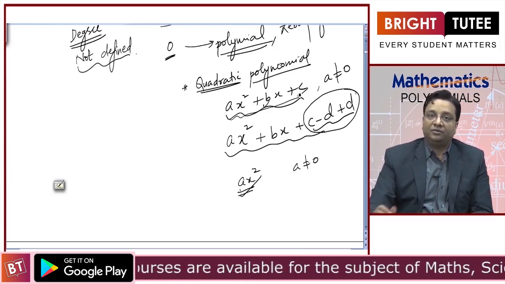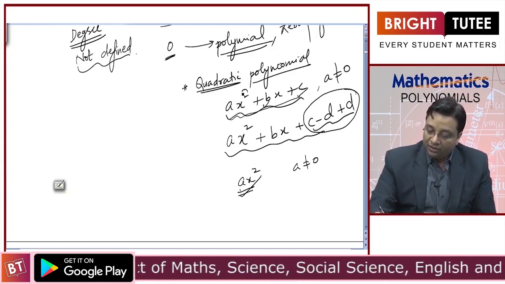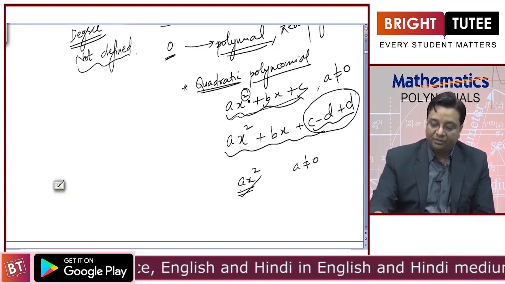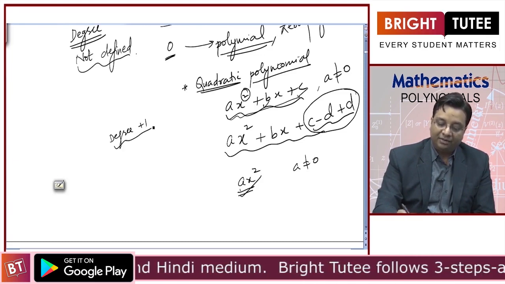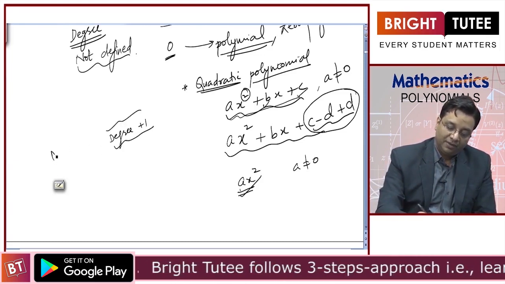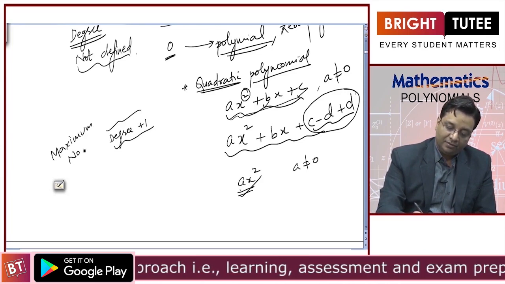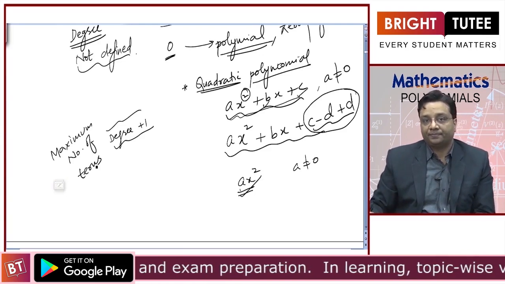What are the maximum number of terms? It can have 3. So, whatever you have as the degree of variable, number of terms will be degree plus 1 at most. This is the maximum number of terms in a polynomial.